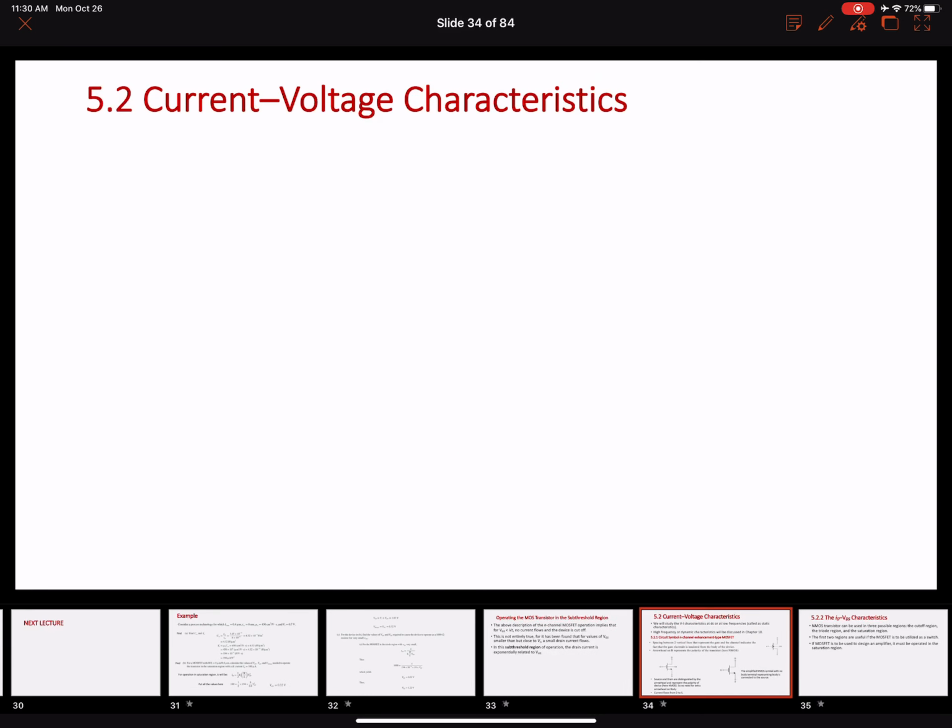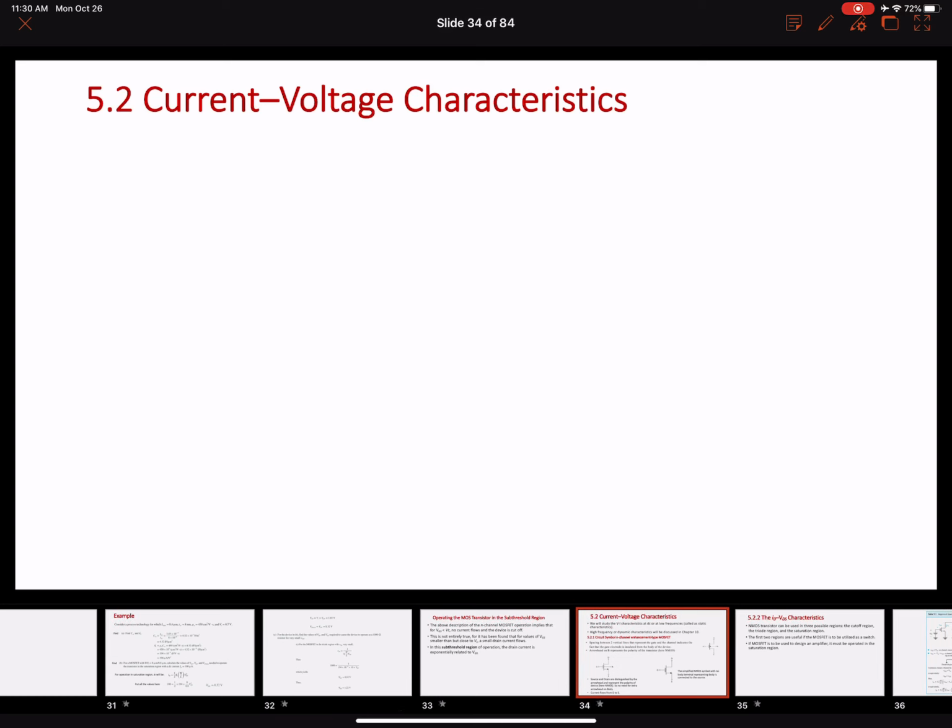This is a smaller but important concept, but for the purposes of exam problems, unless it is specifically specified, you can ignore the subthreshold operation of the transistor and assume that the drain current is equal to zero.